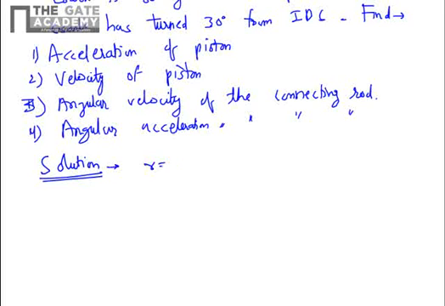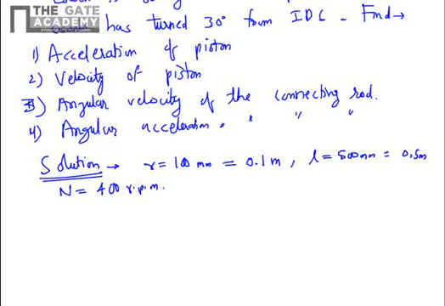So R is given as 100 mm. We convert it to SI units, that is meter, so it will be 0.1 meter. L is 500 mm, that will be 0.5 meter. And speed of rotation is 400 rpm. This we have to convert into omega, angular velocity, because our derivations were done in terms of angular velocity of crank.